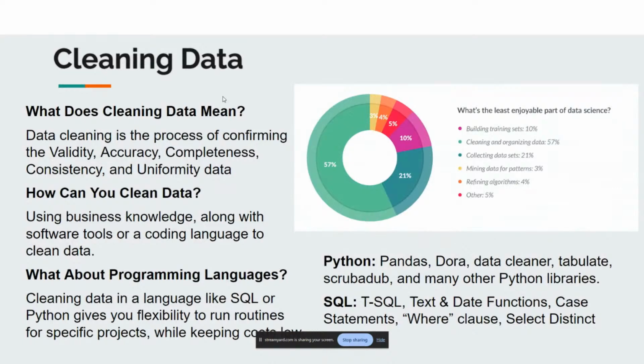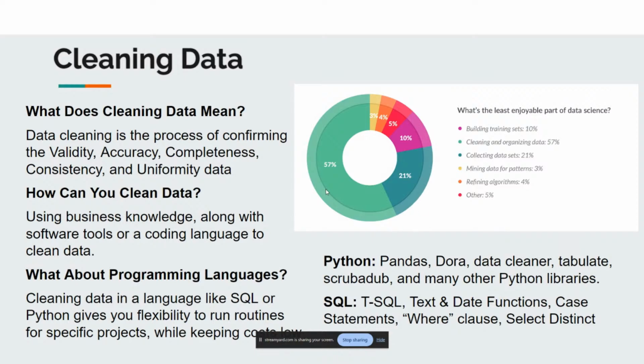All right. So cleaning data, this is a slide just about level setting. Why is it so important? We started to talk about it, but this goes into a little more detail. I think this little graphic over here is kind of a nice one. So they surveyed a bunch of people, I'd have to get the source for this, but what's the least enjoyable part about data science?